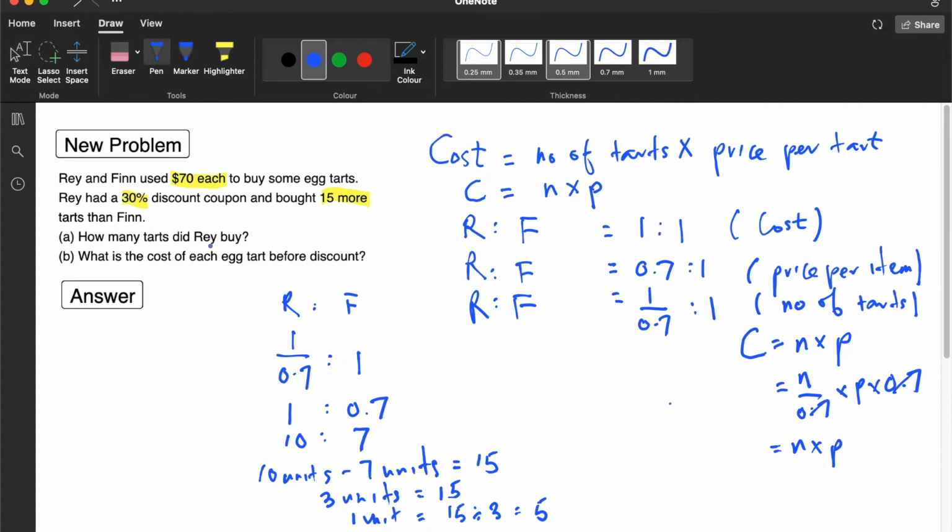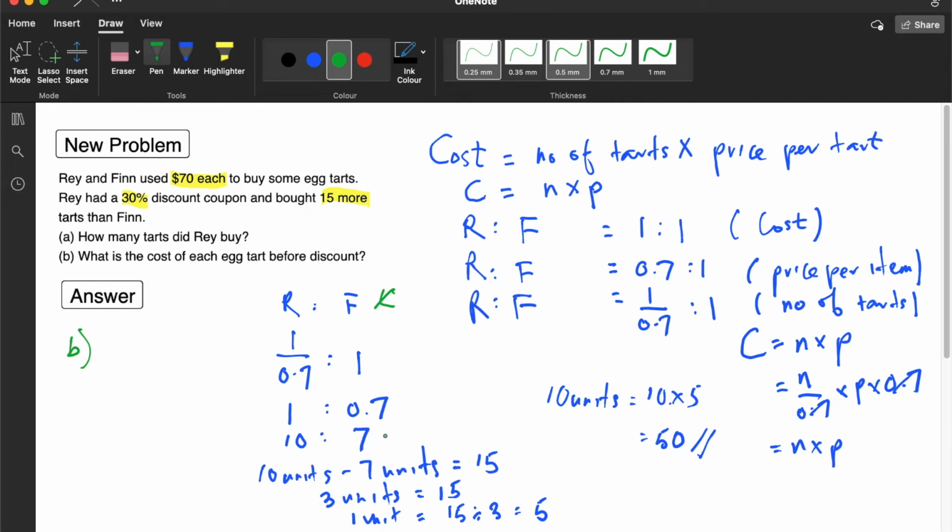So how many tarts did Ray buy? Ray bought 10 units, so 10 units will be equal to 10 multiplied by 5, equal to 50. So that's the first answer for part A. What is the cost of each egg tart before discount? So before discount, let's focus on Finn.